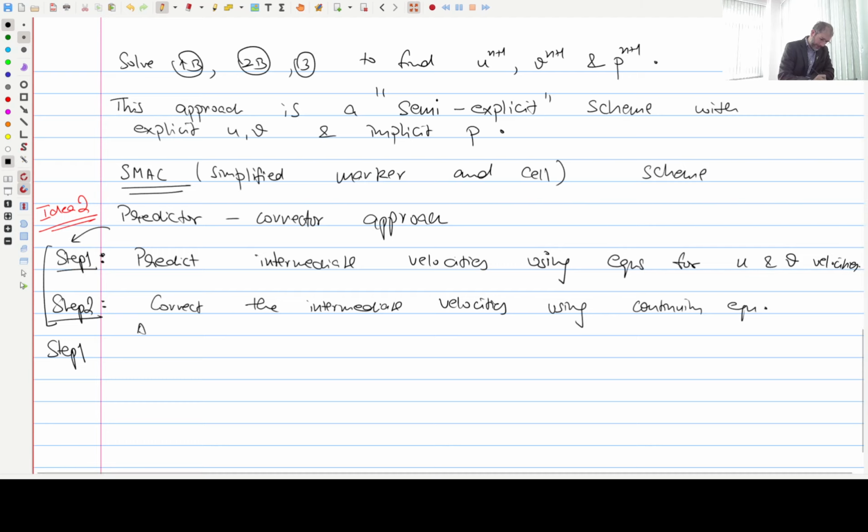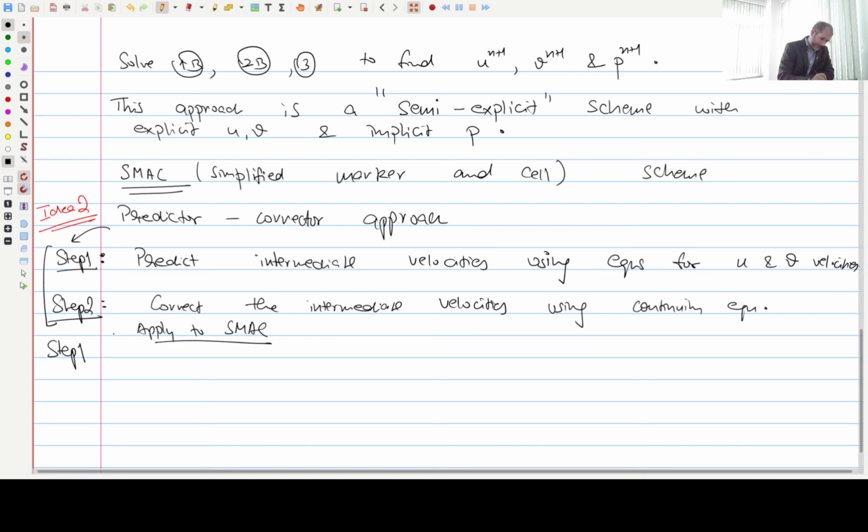So we are now applying it to step 1, which is called the predictor step. Since it's an intermediate velocity, I'll not use un plus 1, I'll call it u star.